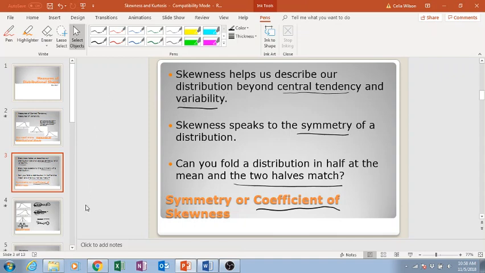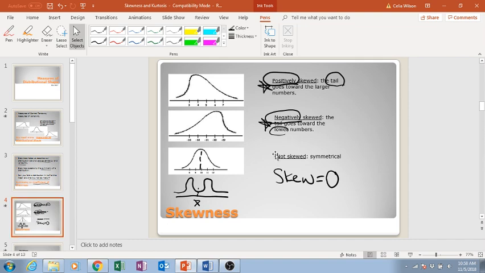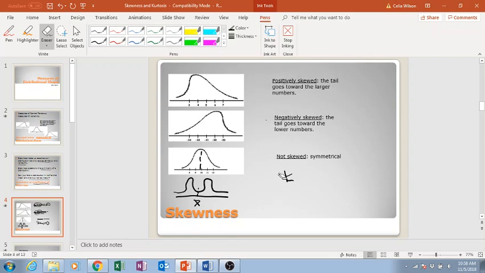All right, so let's look at these examples here. Now you can tell I was working on this earlier, so I'm going to give this a little erasing. Take a look at these three pictures. When we think about symmetry, we really have a few options here.